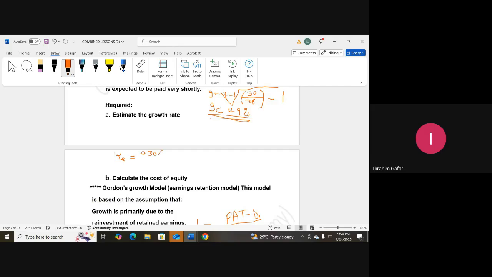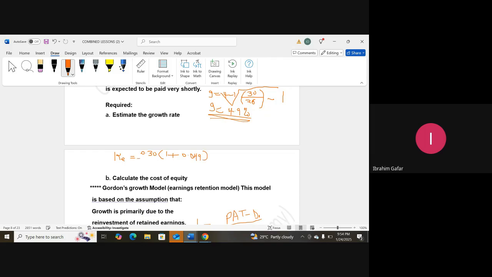Yes. 30 kobo, open bracket, 1 plus the growth rate. It is 4.9%. 4.9% means what? That is 0.049.